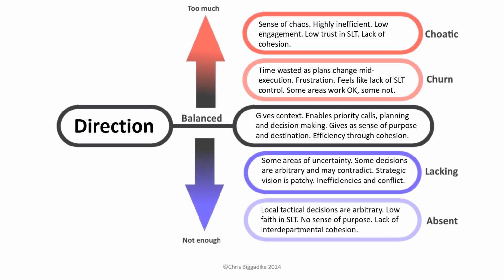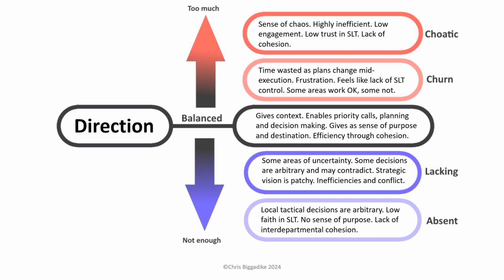But what if there's not enough? If it's a little bit lacking, there's going to be areas of uncertainty. Some decisions have become arbitrary, may contradict each other. Strategic vision becomes patchy. It's inefficient. Things conflict.